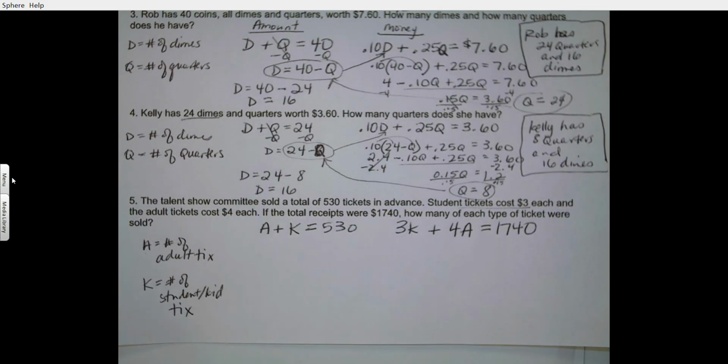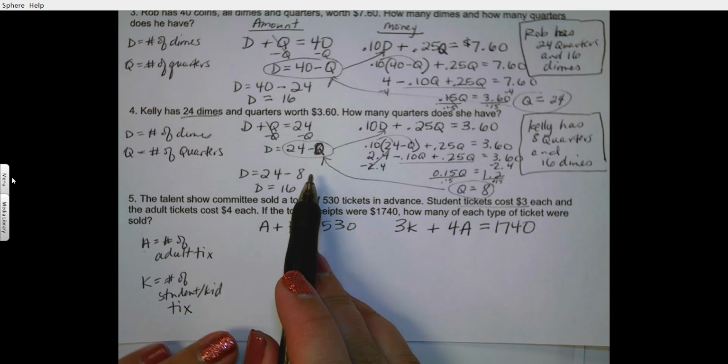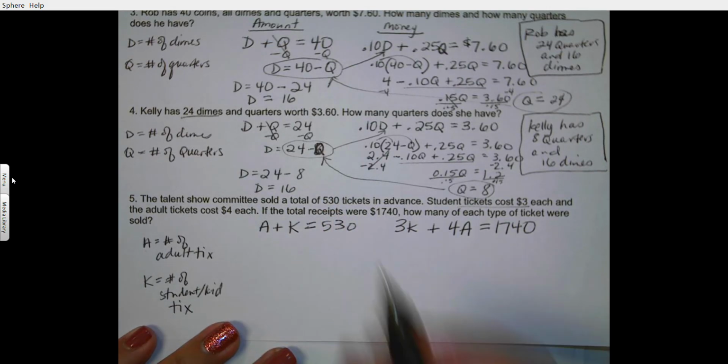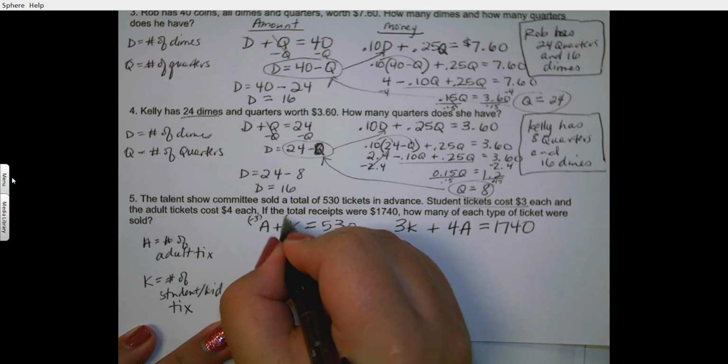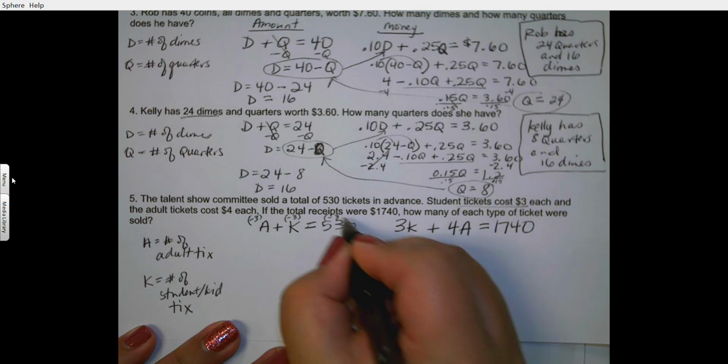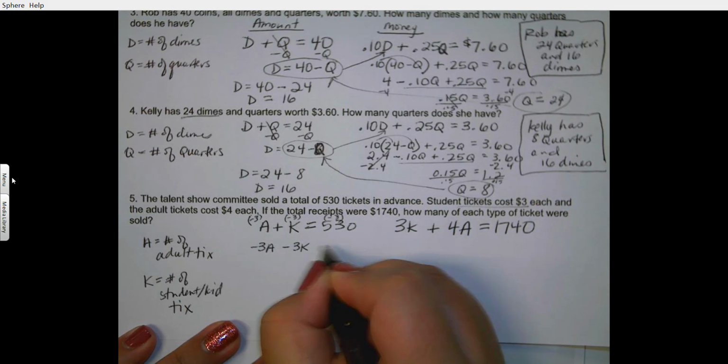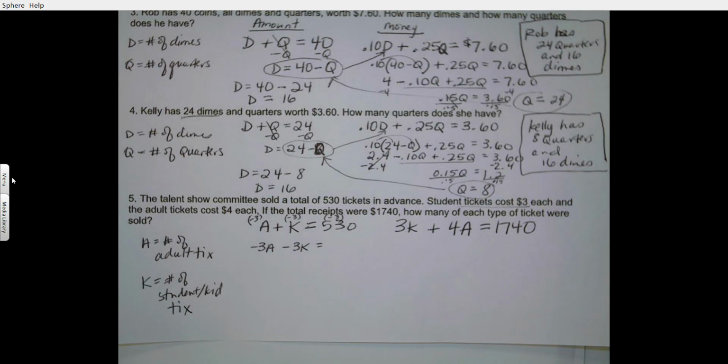You could again use substitution, just like we did above, and solve this, or you could multiply. I'm going to use elimination, multiply each by -3. And I have negative 3A minus 3K is equal to -3 times 530.